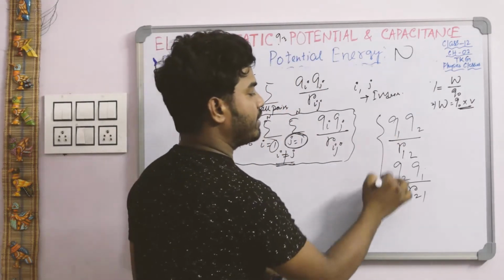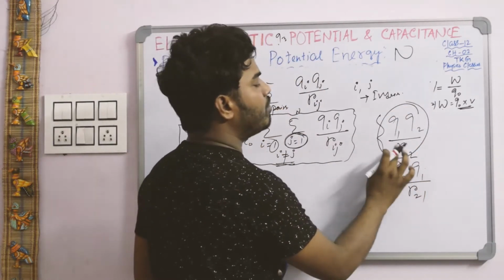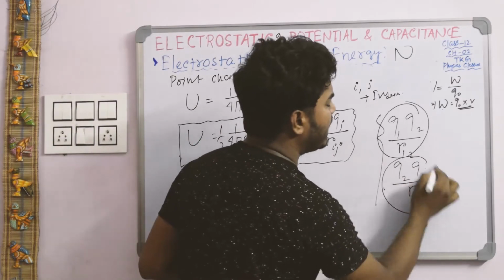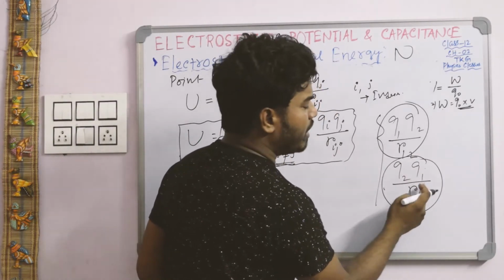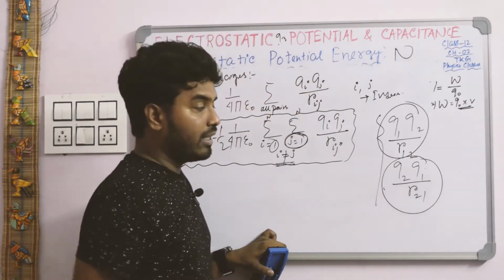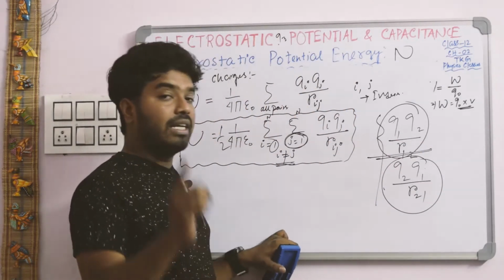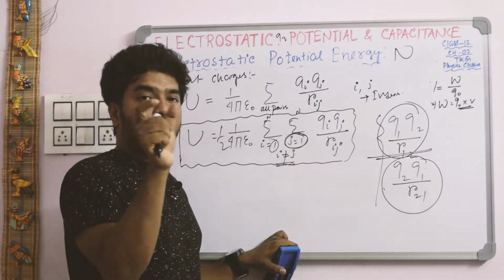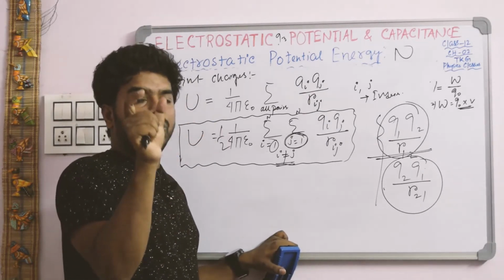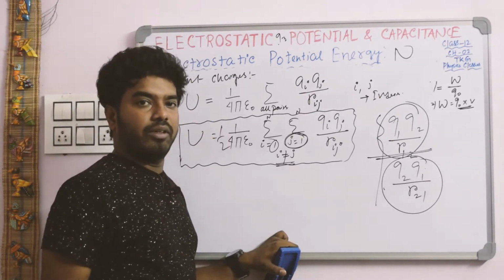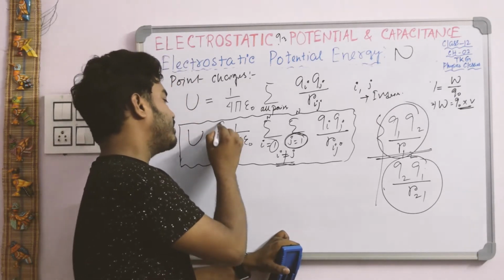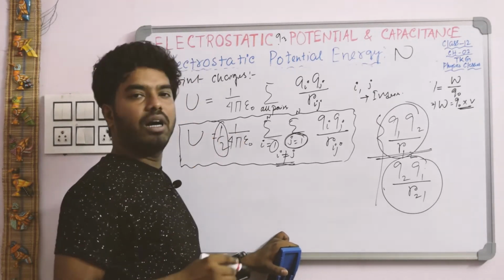You just check Q1 Q2 by R12, and Q2 Q1 by R21. There are two terms, exactly the same, but the product of Q1 and Q2 should be a single term only. That's why there is this half.